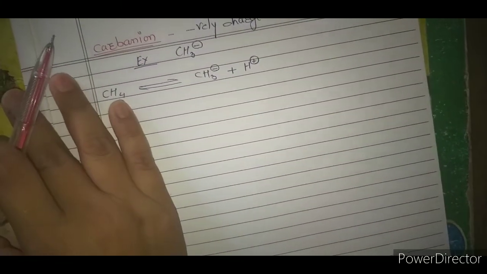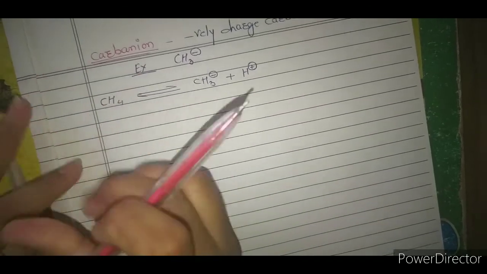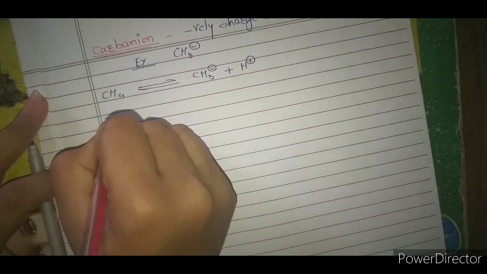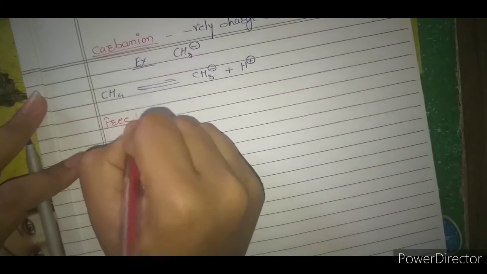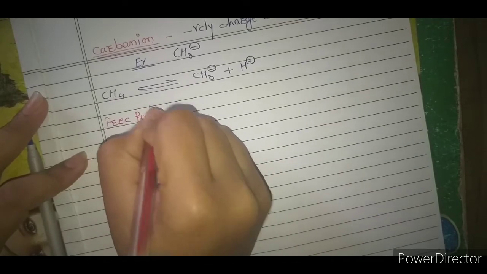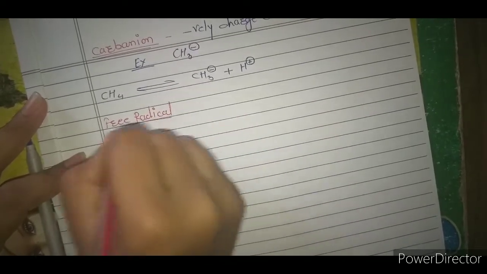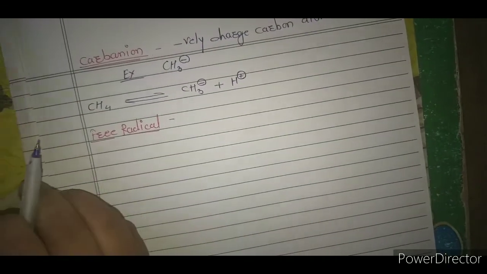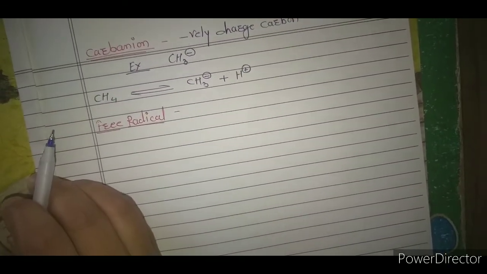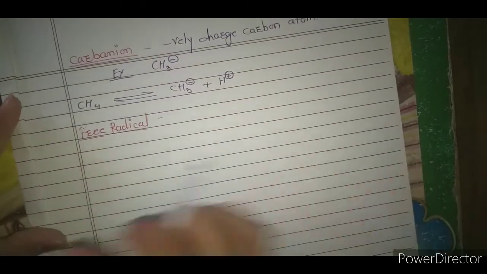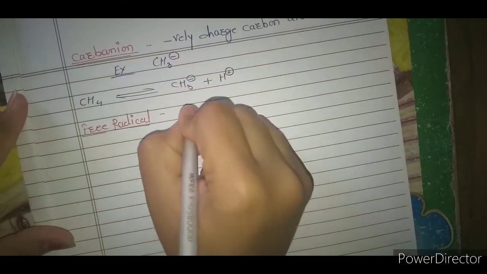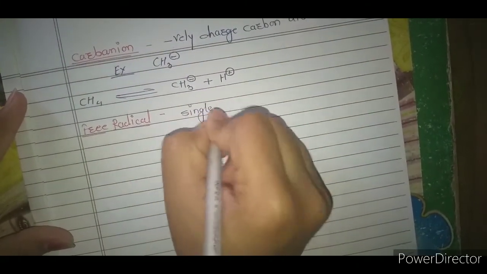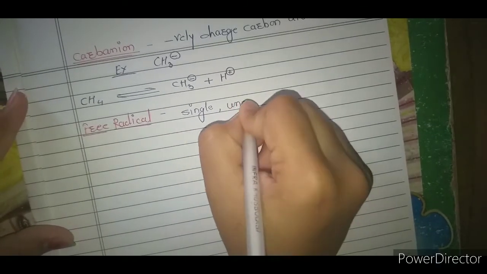Next type of intermediate is free radical. A free radical has a single or unpaired electron.